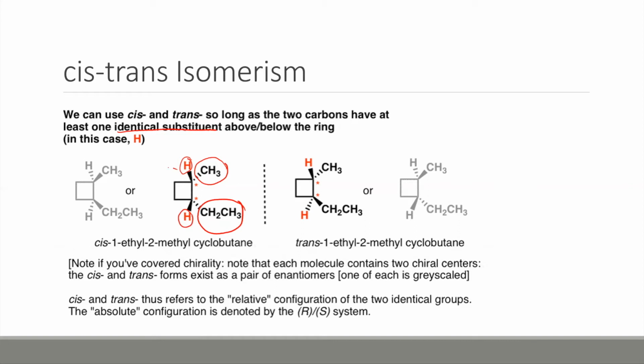So because the hydrogens are the same, we can use the cis trans nomenclature. In this case, our groups that are different are on the same side, making this a cis. Over here, the groups that are different are on opposite sides of the ring, one up and one down, and so this is trans.